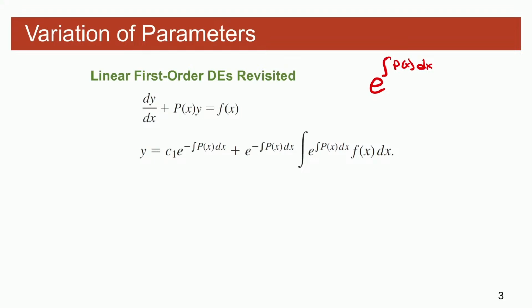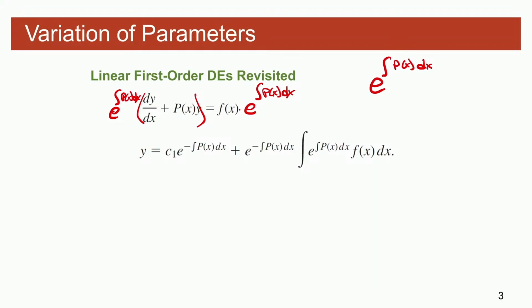I've skipped a whole bunch of steps, haven't I? So here, I'll put those in there. You have this e to the integral of p of x dx times this stuff times e to the integral of p of x dx. So you've got all of this stuff, and then you're going to integrate both sides.